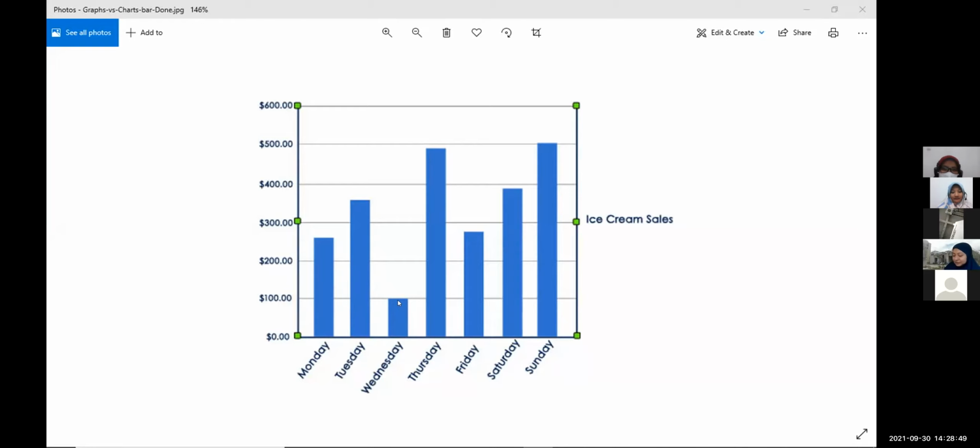And on Thursday, it rose. And for 3 weeks, it fluctuated again until Sunday, when the sales reached a peak.